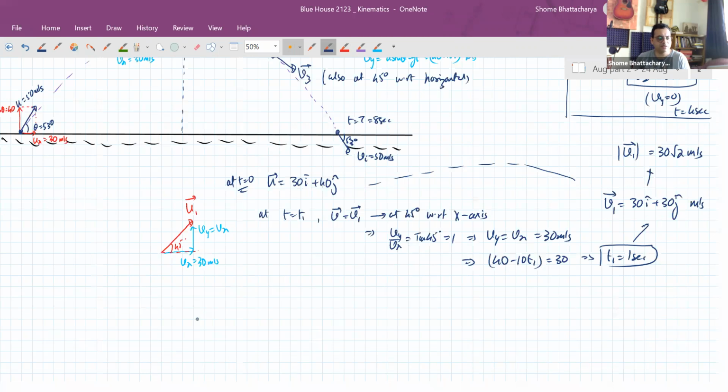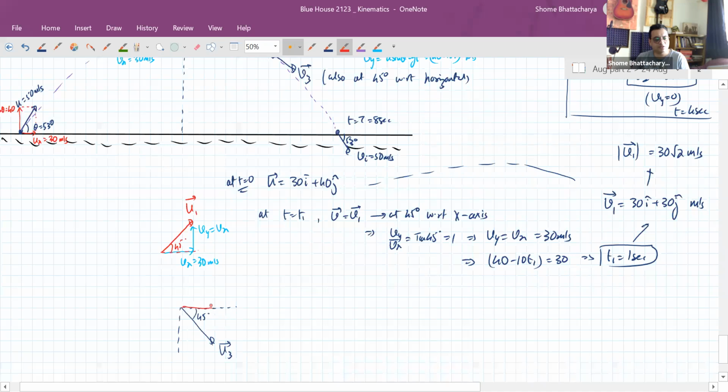So for that v3, I'm just making the diagram again separately. So v3 is a velocity like this, where with the horizontal the angle is 45, which means basically this angle is 45, or even with the vertical it will become 45. Now remember, the horizontal component of velocity remains constant, it's not changing throughout. So this must be 30. But if this angle is 45, that means the y component of velocity has now become minus 30 meters per second.